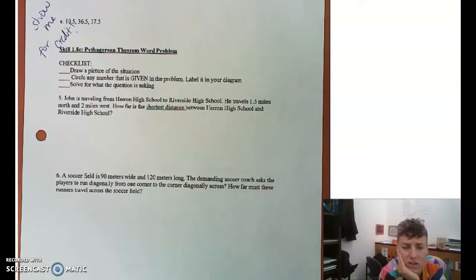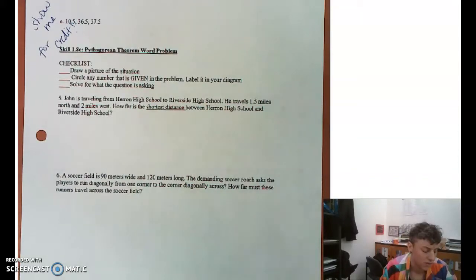We've got this nice checklist to help us with these word problems. We're going to draw a picture, circle any number that's given in the problem, label it in our diagram, and then solve for what the question is asking. That makes sense. All right, number 5. John's traveling from Heron High School to Riverside High School. He travels 1.5 miles north and 2 miles west. How far is the shortest distance between Heron High School and Riverside High School?